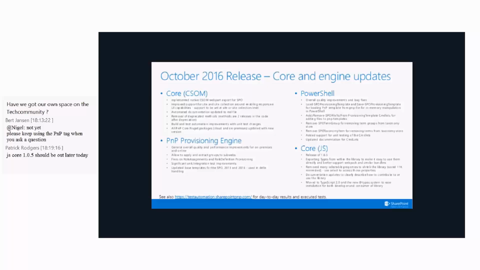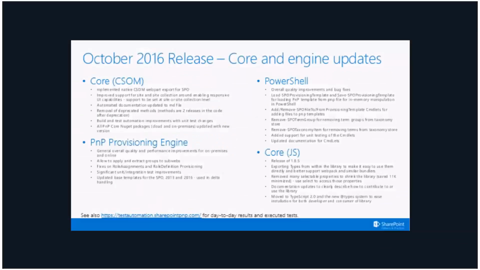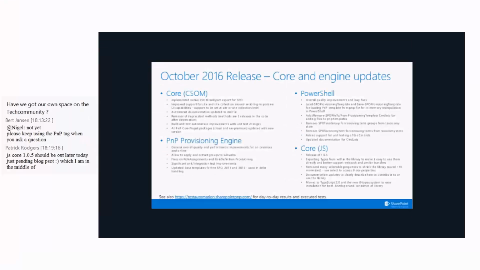And if you're interested in test automation and all of that, we have a really great site for you to use as well. If you go to https testautomation.sharepointpnp.com, you can see day-to-day results of our unit tests.